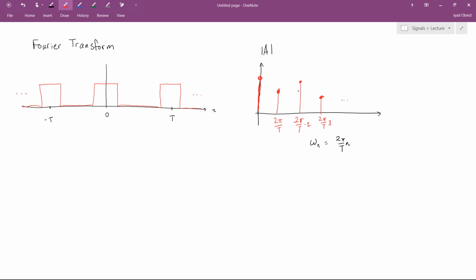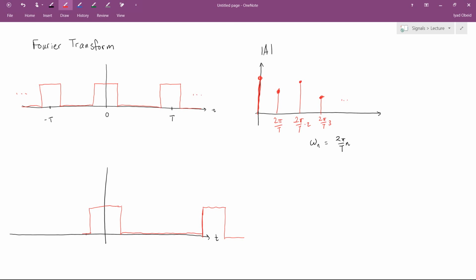Now, what if we play a little mathematical trick where we take the exact same signal, let's do my axes in black. Let's take the exact same signal, and the only thing we're going to modify about it, we're going to keep the basic shape the same, and we're going to increase the period.